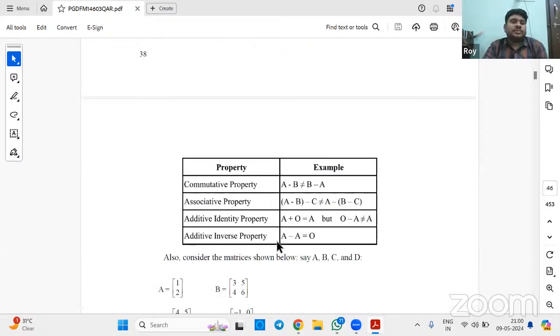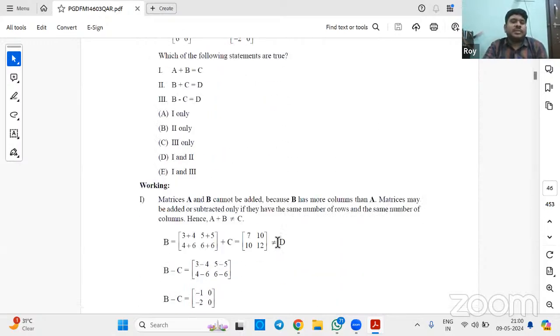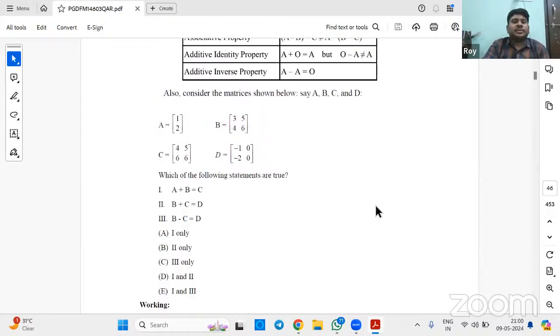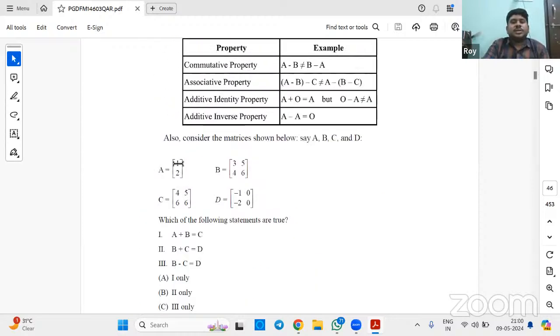Yes. Now there are a few workings. Matrices A and B cannot be added because B has more columns than A. See that? A has only one column, B has two columns. Now see, A plus B. Can I combine A plus B here?